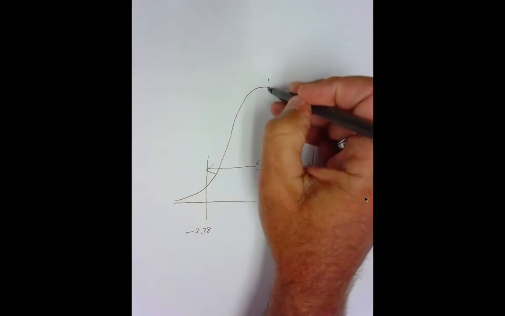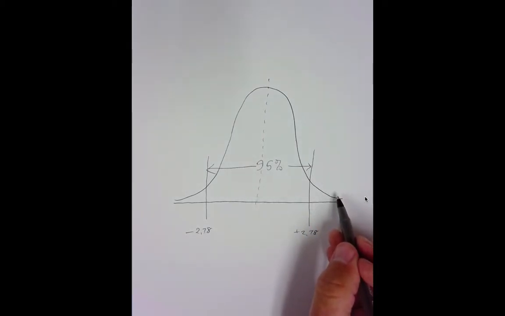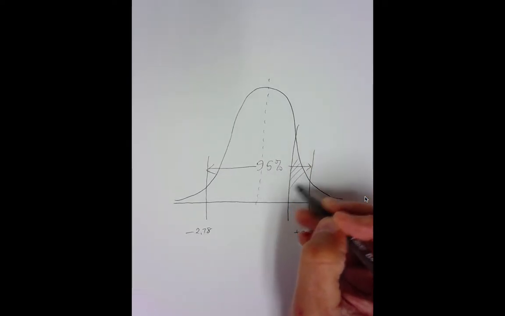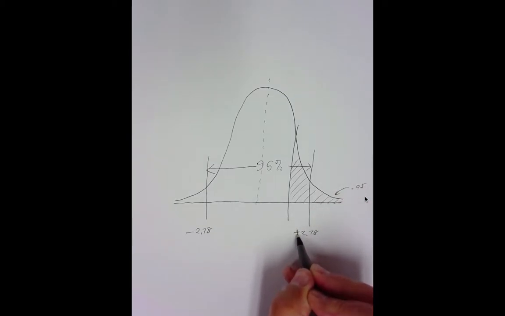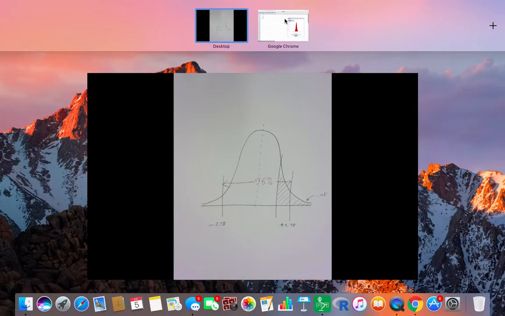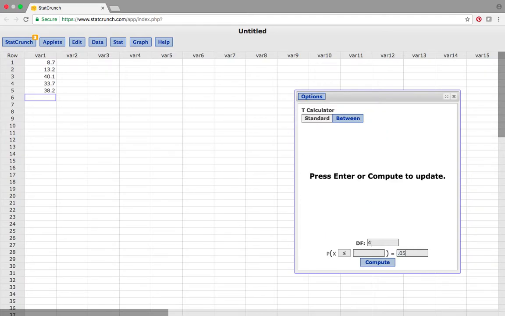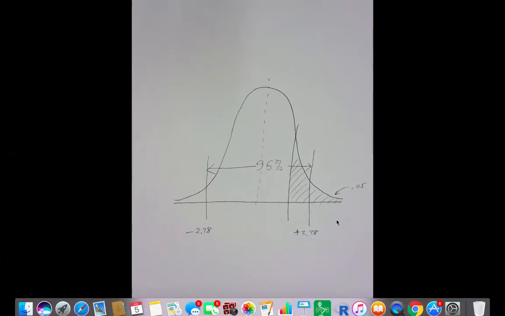But if we're doing a test of hypothesis and we put all of our rejection region out to the right, of 5%, 0.05, this value right here, so 0.05 to the right, we get 2.13 as our cutoff.